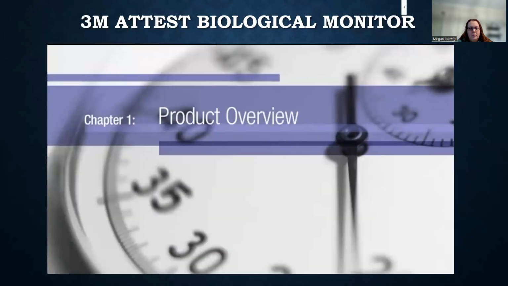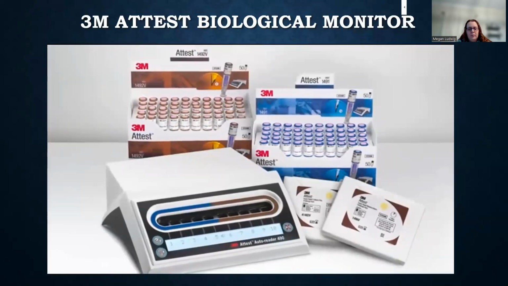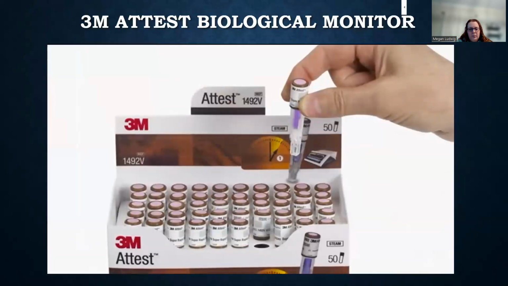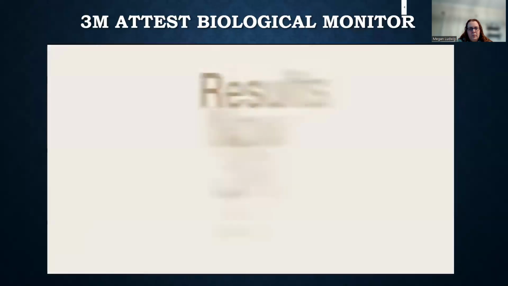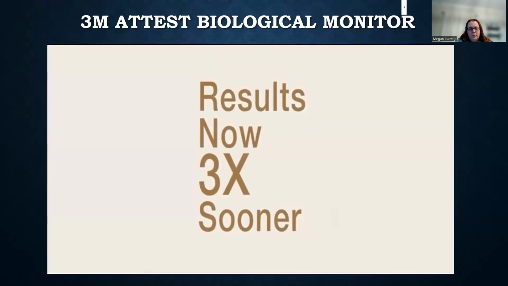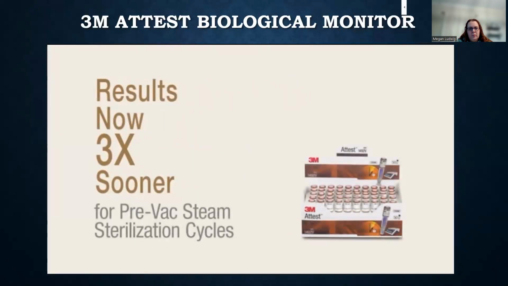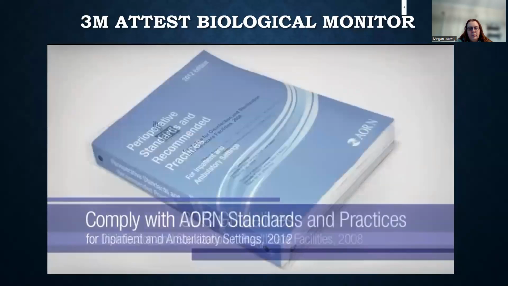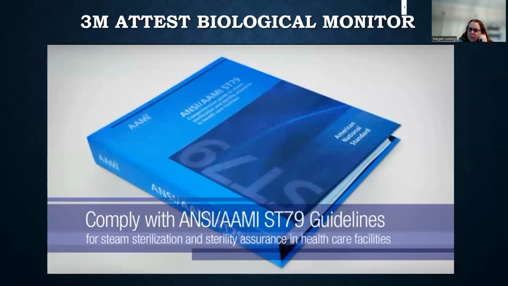The 3M A-Test Super Rapid Readout Biological Indicator System is a super fast, reliable way to monitor steam sterilization processes in healthcare facilities. A-Test Super Rapid Biological Indicators, or BIs, dramatically decrease turnaround time by providing true biological results faster than ever before. 270-degree Fahrenheit vacuum-assisted BI incubation time is just 1 hour instead of 3. Faster turnarounds make it easier to comply with sterilization guidelines, which helps you provide the highest standard of care for every patient.